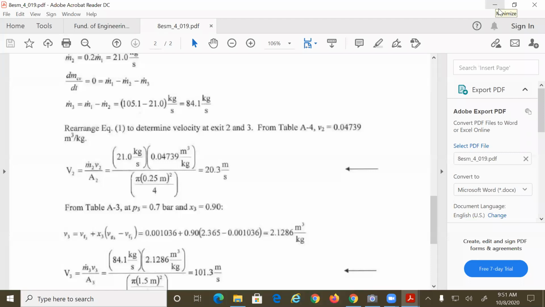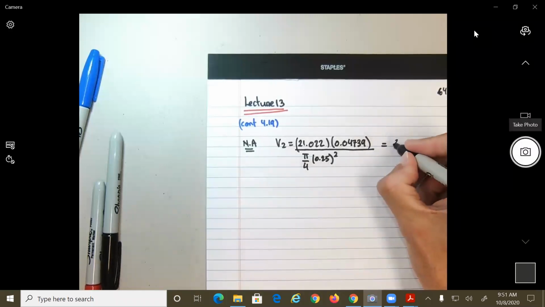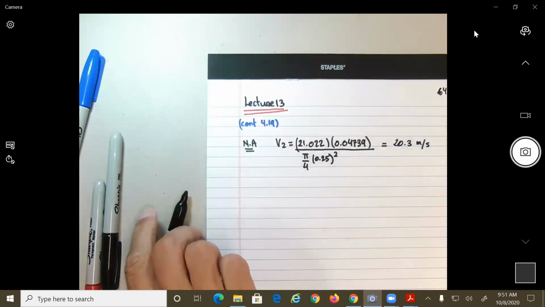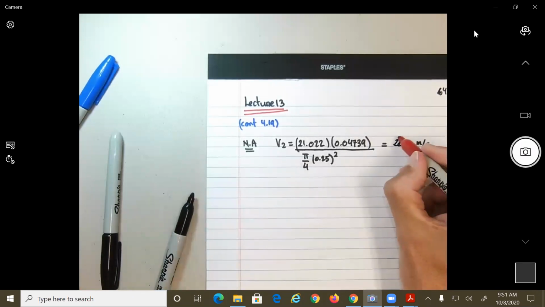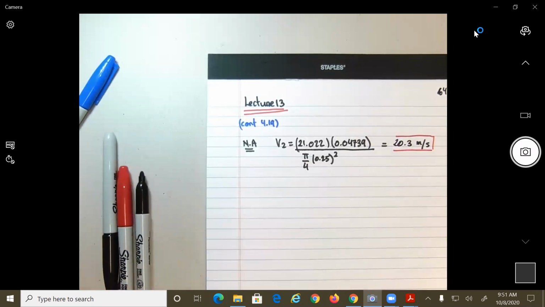Go ahead and check if you want. So this should be 20.3 meters per second.